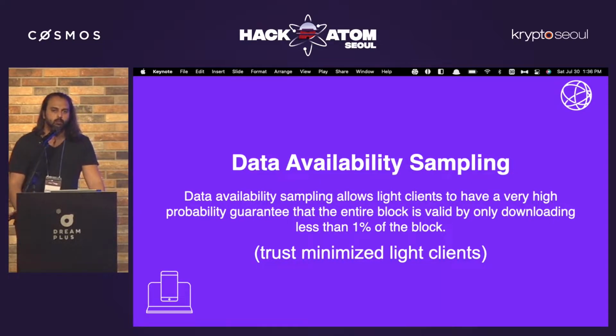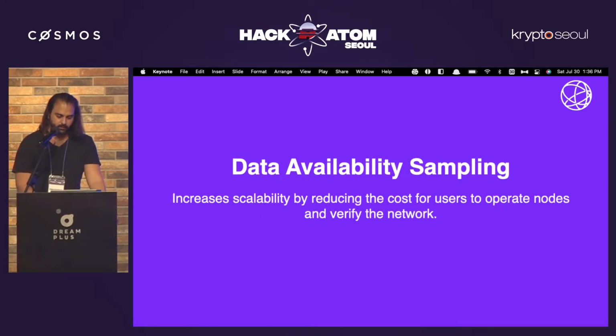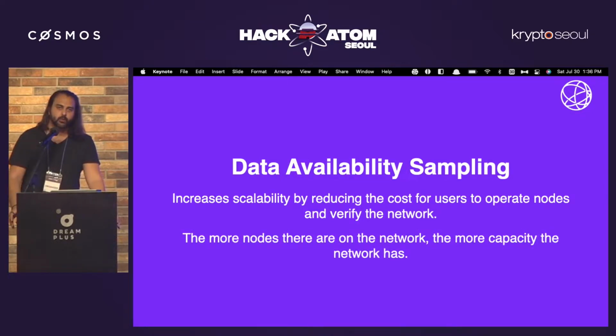This is what we call trust-minimized clients. It increases scalability by reducing the cost for the user to operate nodes and verify the network. So the more nodes that are running on the network, the more capacity the network has, which means the larger the blocks can become.